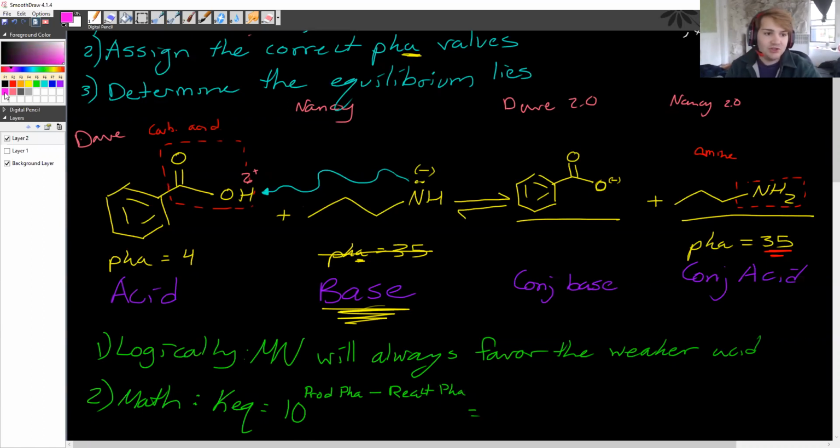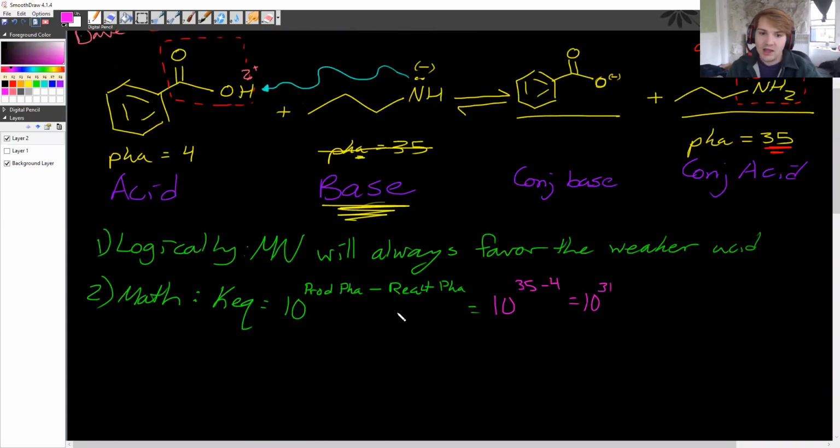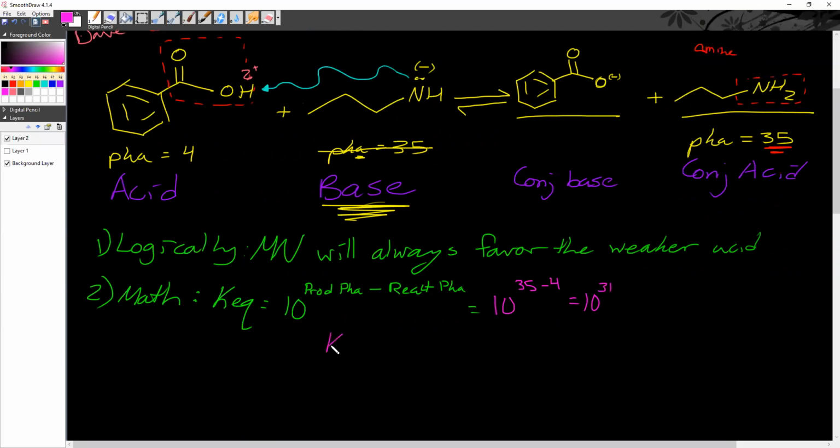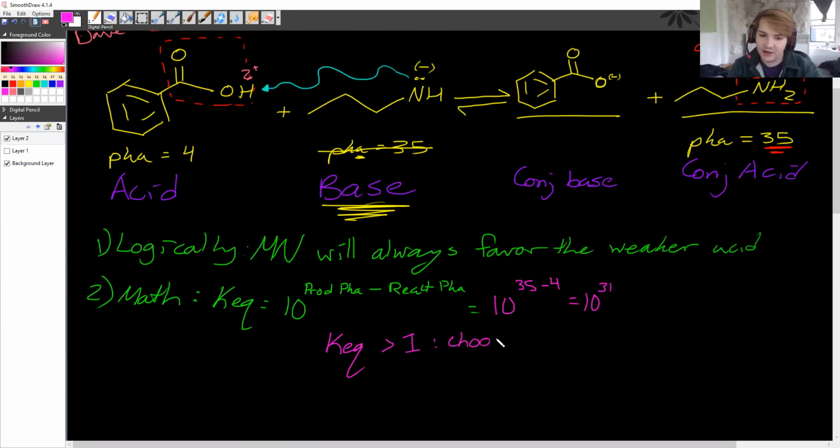If we wanted to do it for this problem, we could say that this is 10 to the 35 minus 4, which is equal to 10 to the 31. When KEQ is greater than 1, we're going to choose the product side. And when KEQ is less than 1, we're going to choose the reactant side.